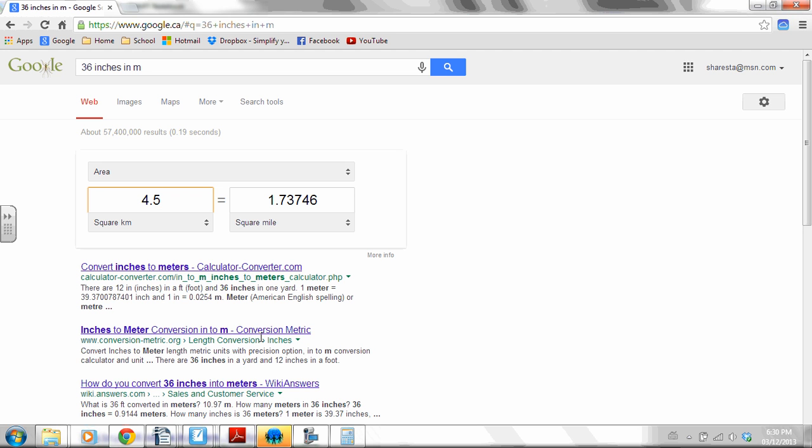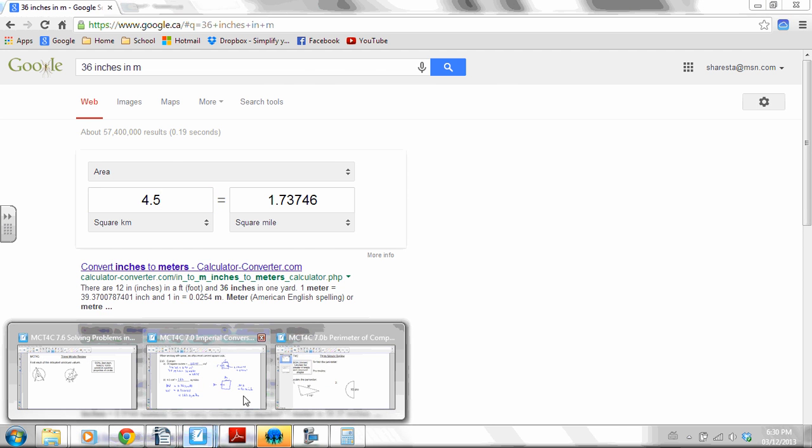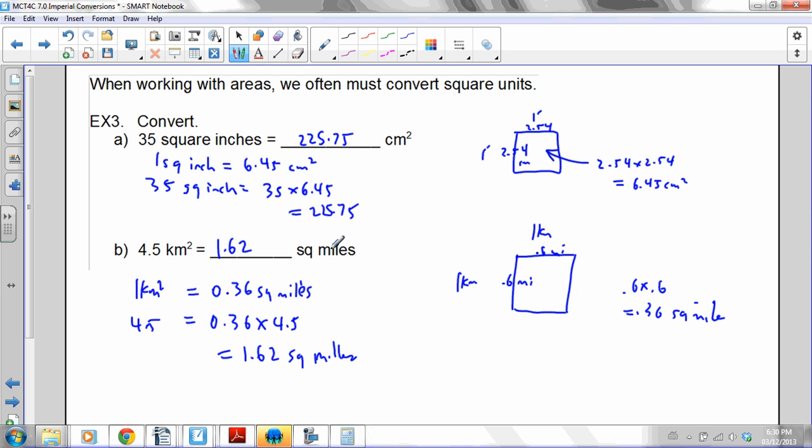Now, what do we have? We had 1.6 and a little bit. Guess who's more accurate? Yeah, the Google's even more accurate than our technique. So there you go. The Google works also for areas. If you have it, use it. If not, we'll use this technique of finding our conversion factor. And our conversion factor there was 0.36.